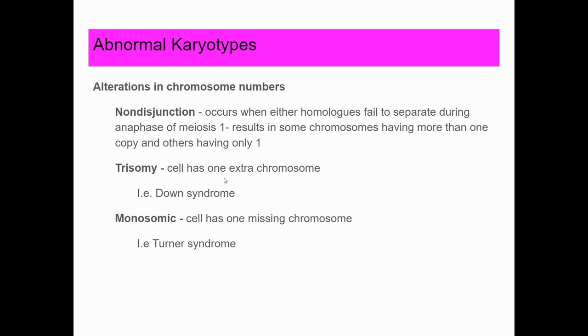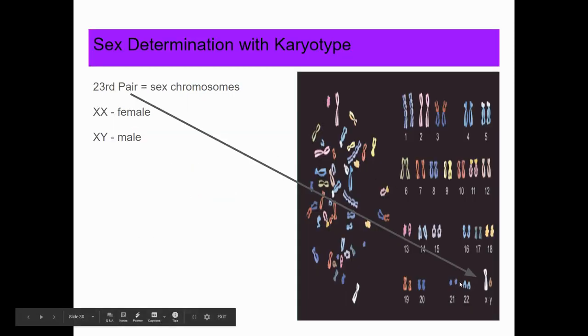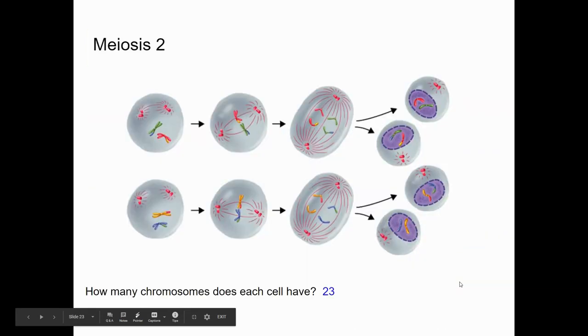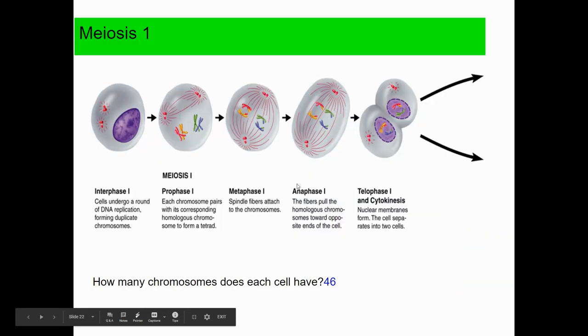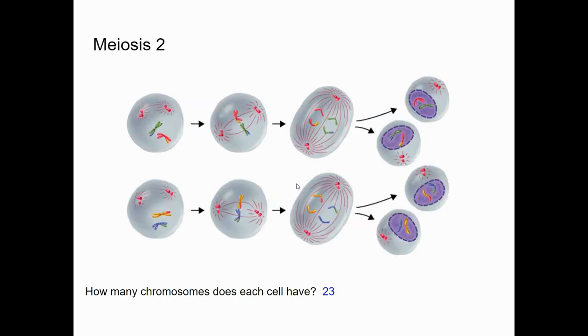So trisomy is what I talked to you about before. People who have Down syndrome have trisomy 21, which means they have three 21st chromosomes. Way back at, what step would it be? It would be this step right here. Rather than these two splitting, this whole thing would just go to one side.